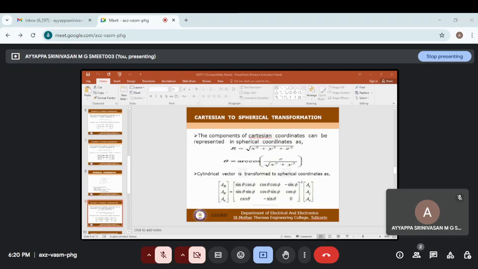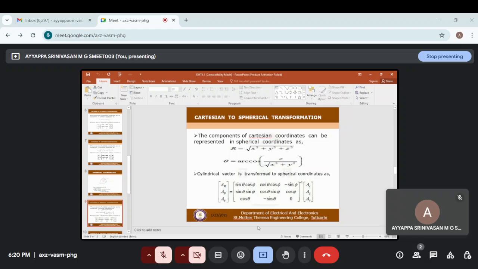Now the Cartesian to spherical conversion. Capital R represents the radius of the sphere, and it is given by root of x square plus y square plus z square. Then theta is given by arc cos, that is cos inverse, of z by root of x square plus y square plus z square.